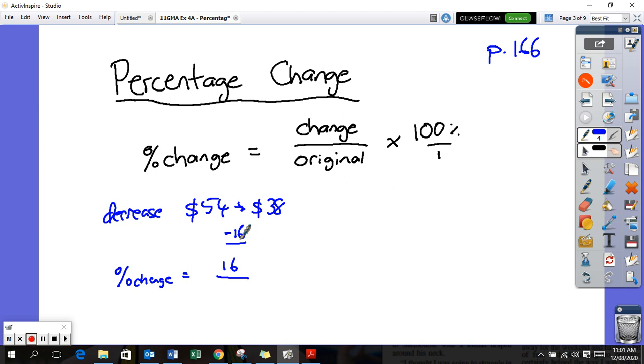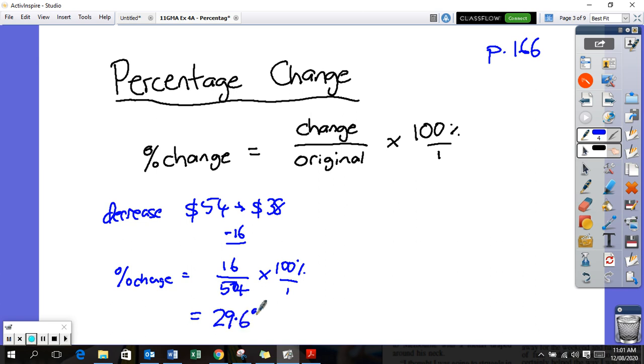It's changed by 16 divided by the original 54, and we times by 100 to make it a percent. So on my calculator, 16 divided by 54 and times 100 gives 29.6%.